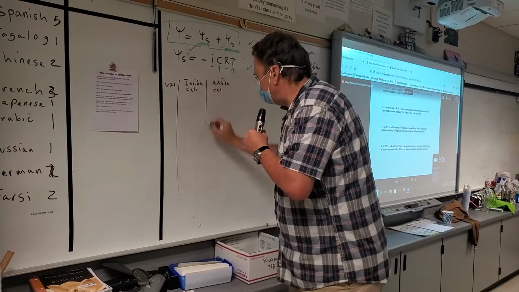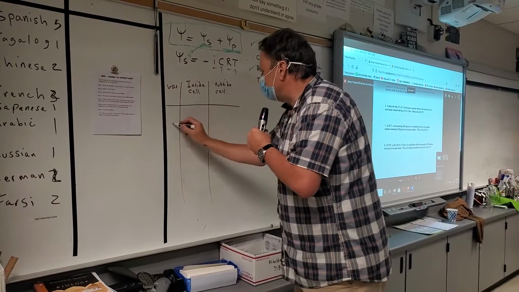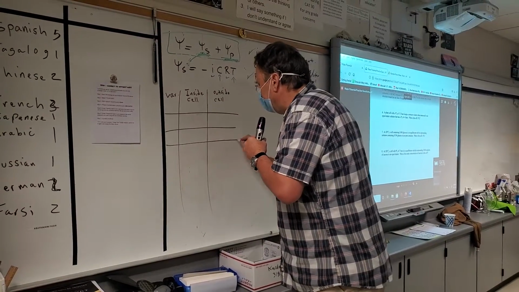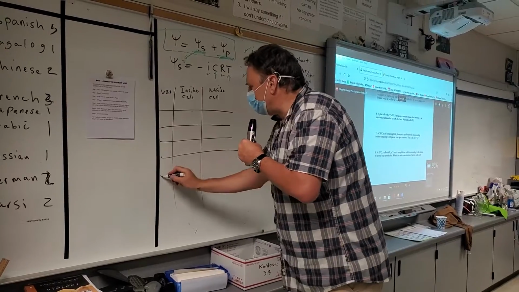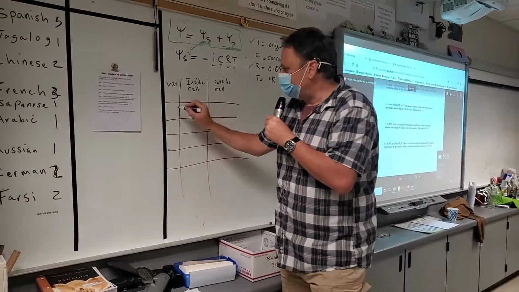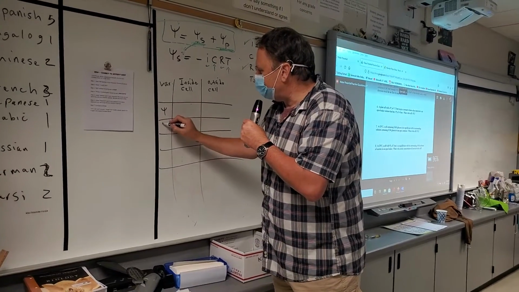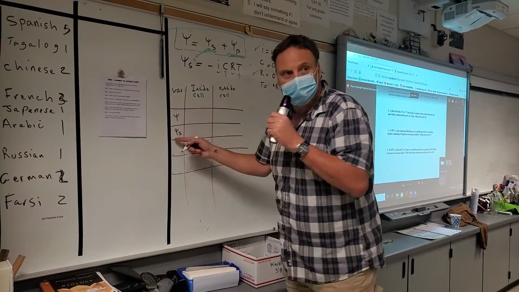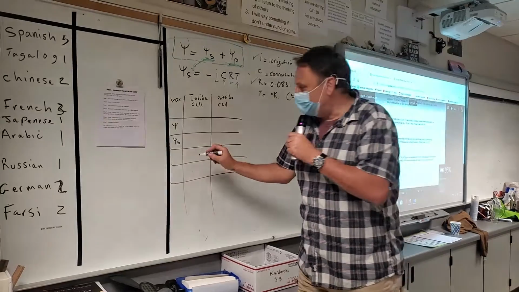Okay. So now I just start listing all my variables. I've got psi, so I just write psi. I've got psi s, solute potential, yeah? And I've got psi p.